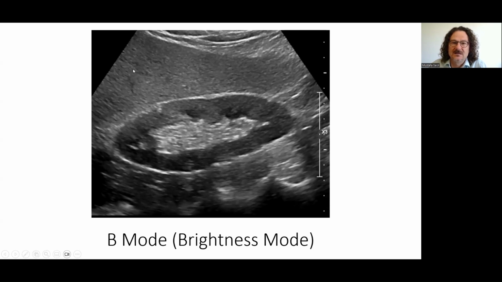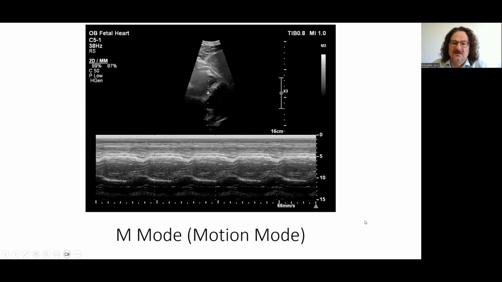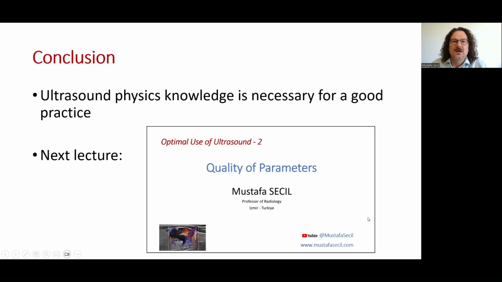You see the liver echogenicity in that gray tone, the kidney medulla and pelvis in another gray tone, and the sinus fat in another brightness. This is the other mode, the motion mode, mostly used in echo, in the imaging of cardiac or fetal cardiac imaging. In conclusion, ultrasound physics is necessary for a good practice.